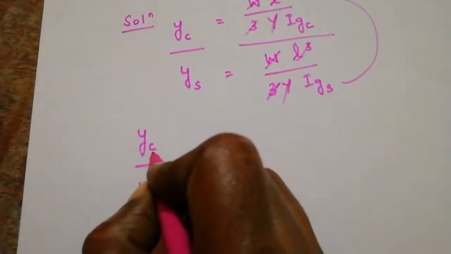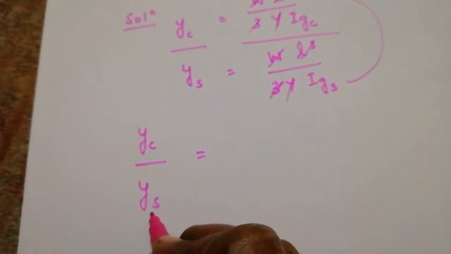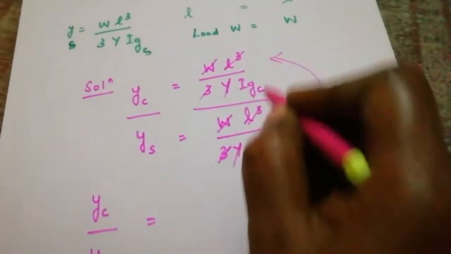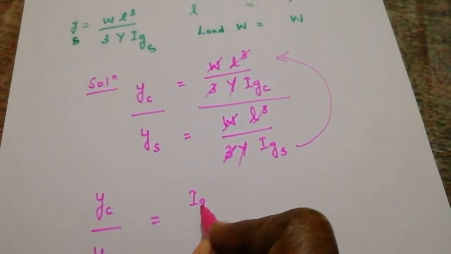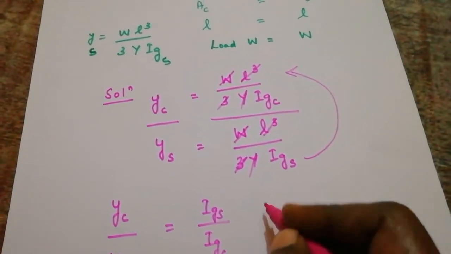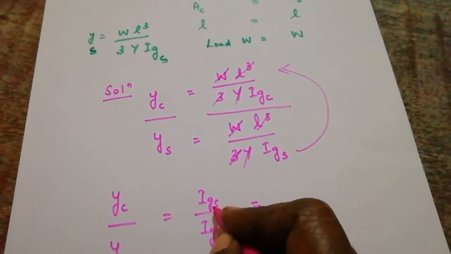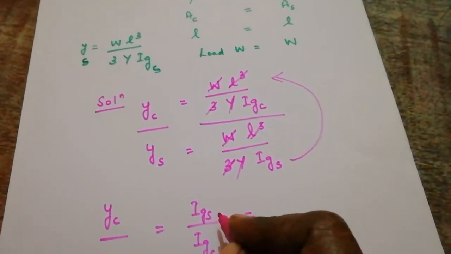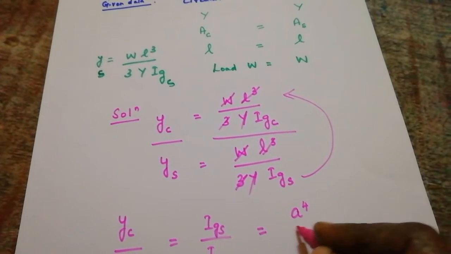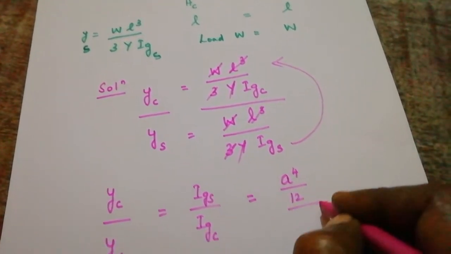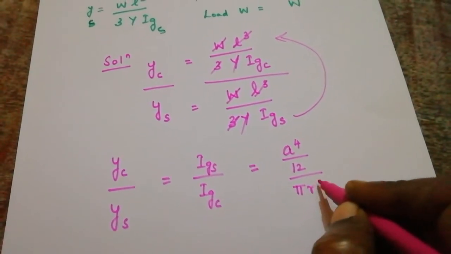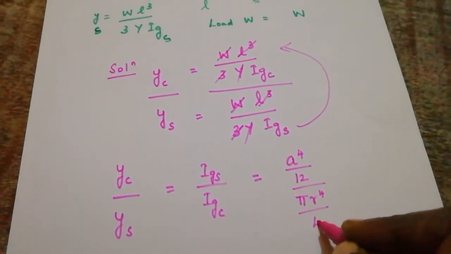Therefore I will get Yc by Ys, depression for circular and depression for square cantilever, is equal to Igs divided by Igc. So what is the geometrical moment of inertia for a square cantilever? It is a power 4 divided by 12, and for a circular cantilever it is pi r power 4 by 4.